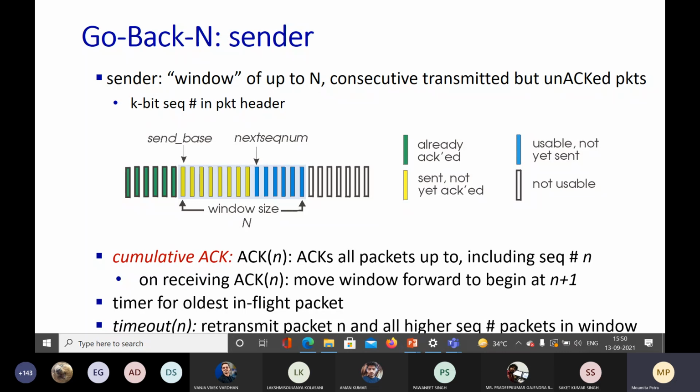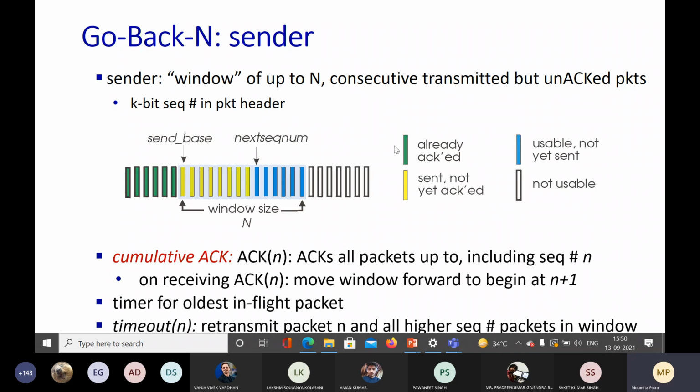Now see, that's what I was talking about: once a packet's acknowledgement is received, the window is moved forward to begin at the next sequence number, which is n plus 1. So if the last packet has sequence number n and its acknowledgement is received, only then will the window be moved forward by 1, to n plus 1.